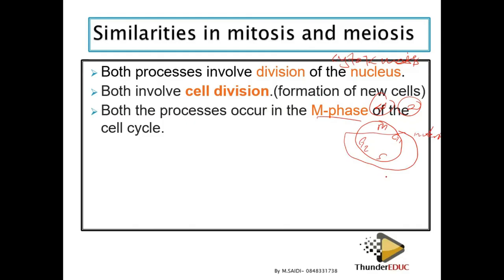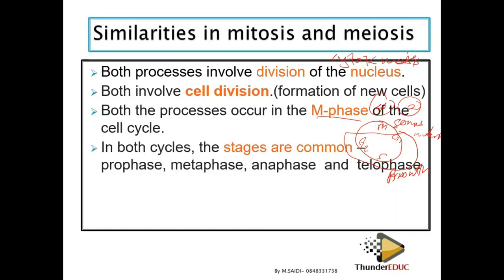I can call this the growth phase: growth 1, synthesis, growth 2. And then this is where there is the real division which is taking place. Actually, it takes around 80 minutes for it to happen, while this one takes the remaining from 24 hours. That's what it takes.